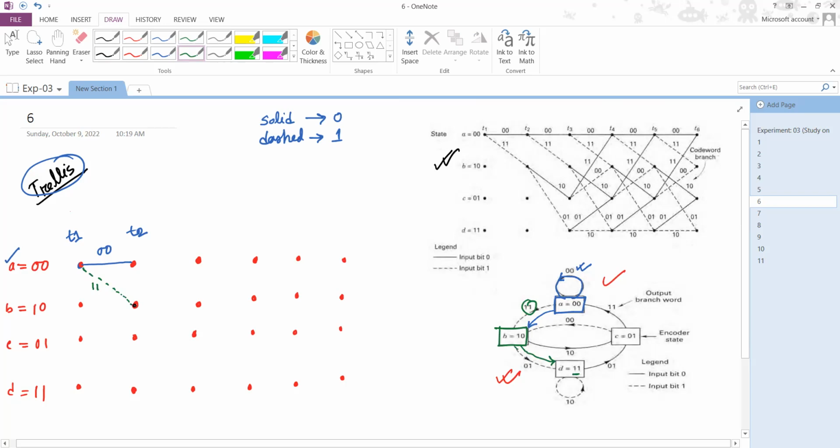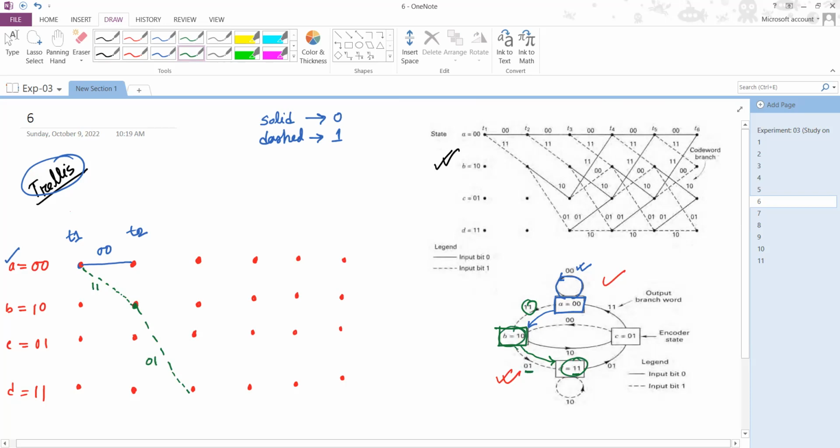That means from this B position, if I give one input, it will go from 1, 0 to 1, 1 following a dashed line. And in this case, the output bit is 0, 1. So we are just writing here 0, 1.